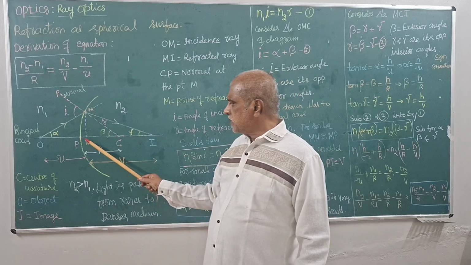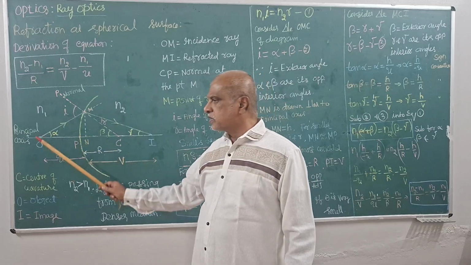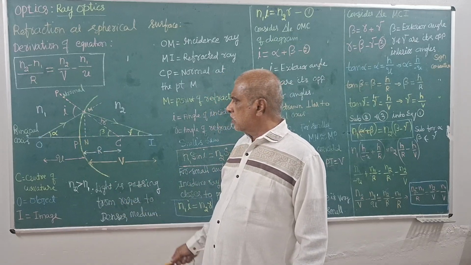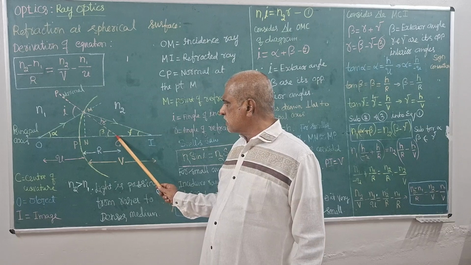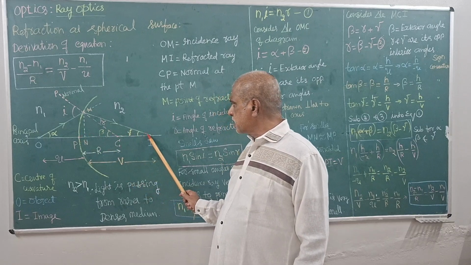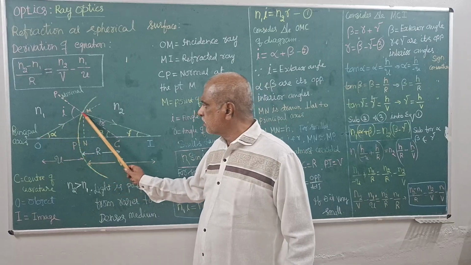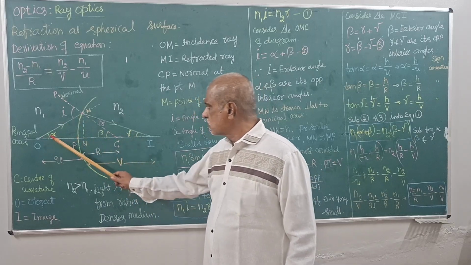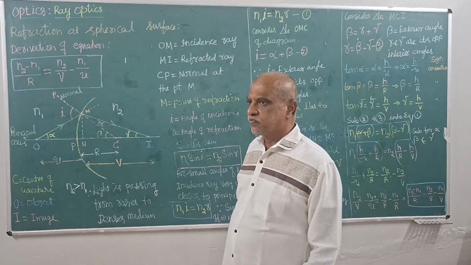You always measure from the point P. If the measurement is in the direction of the incident ray, these values take positive values.